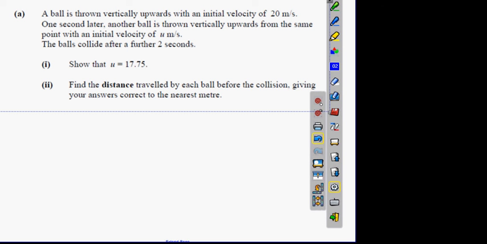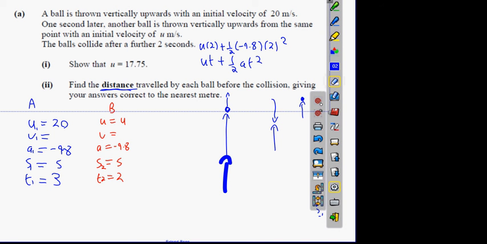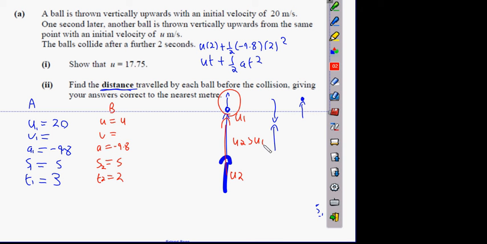Basically, a ball can be on its way up, as shown, and the second ball comes in and hits it as it's still on its way up. For this to happen, u2, which is the second ball's speed, has to be greater than u1. And in this question, this is not the case because 17.75 is slower than 20.